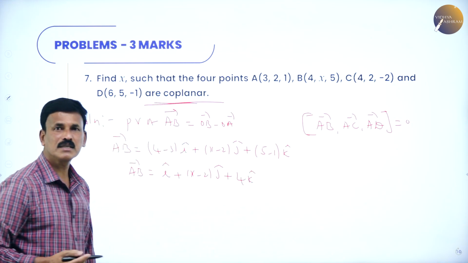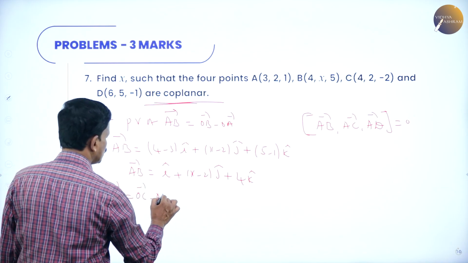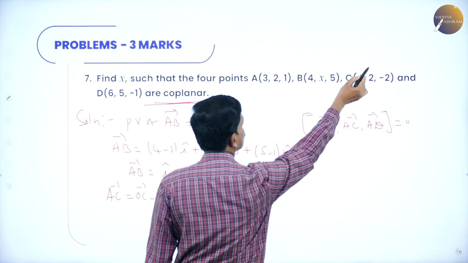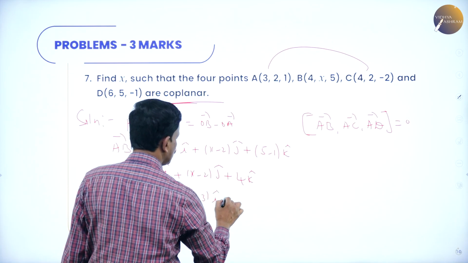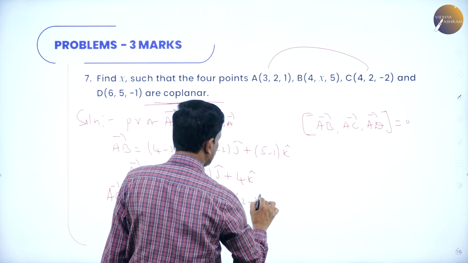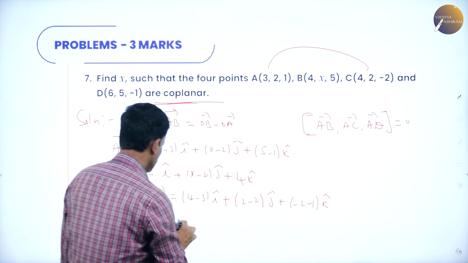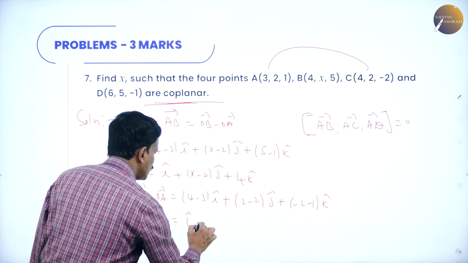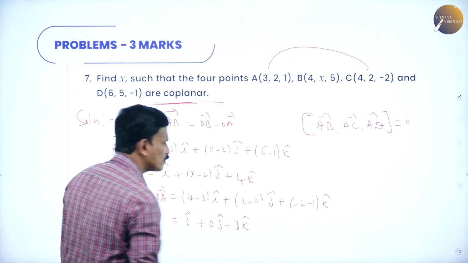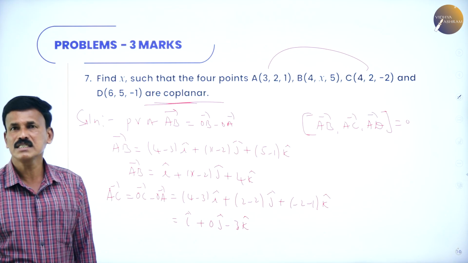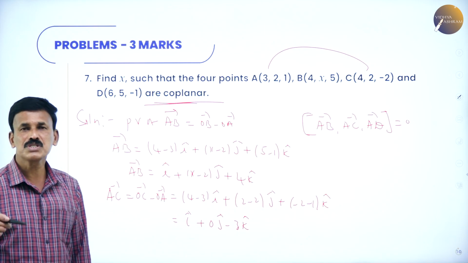This is vector AB. Similarly, vector AC is equal to OC minus OA vector. So 4 minus 3 into I plus 2 minus 2 into J plus minus 2 minus 1 into K cap. So this is nothing but 4 minus 3 is 1I plus 2 minus 2 is 0J, minus 2 minus 1 is minus 3K cap. Similarly, find out the vector AD and find out the box product for vector AB, AC and AD, equate to 0, you will get the answer.